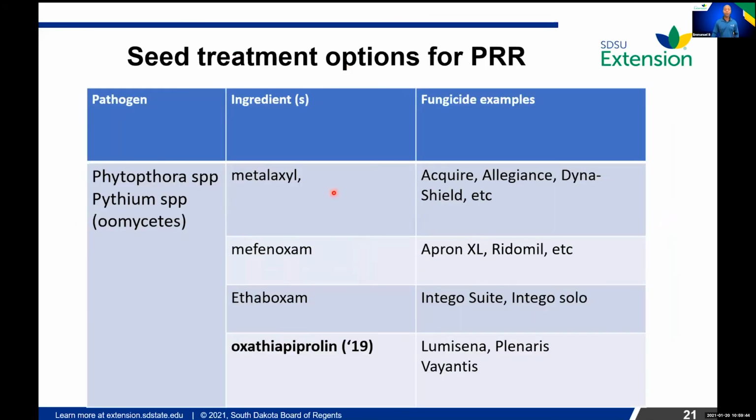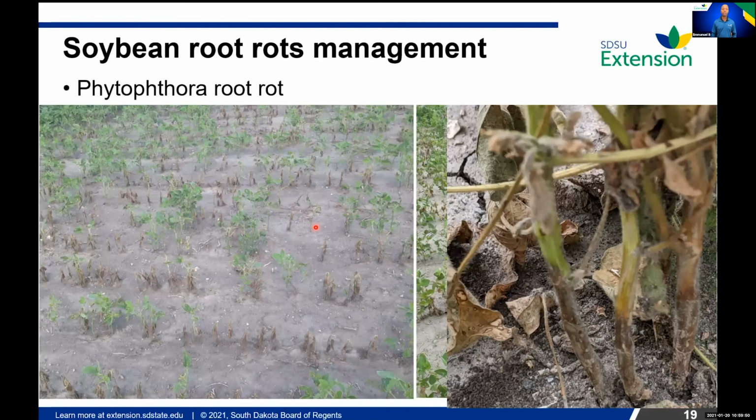Seed treatments are also good, but seed treatments for Phytophthora will not last the season long. As we have seen here, these are plants dying throughout the season. So seed treatments will provide that protection early, and so much later in the season, then you need a resistance gene to help out. So again, don't rely only on seed treatments for managing Phytophthora.